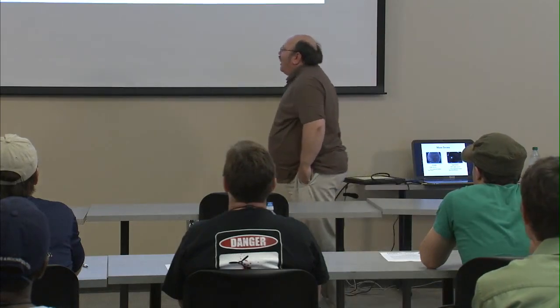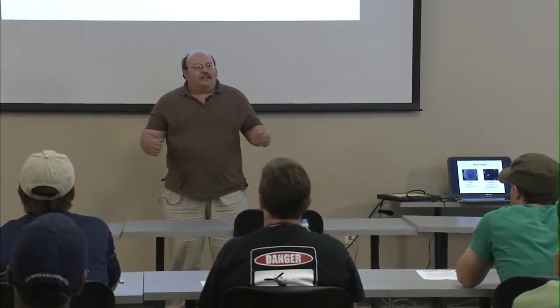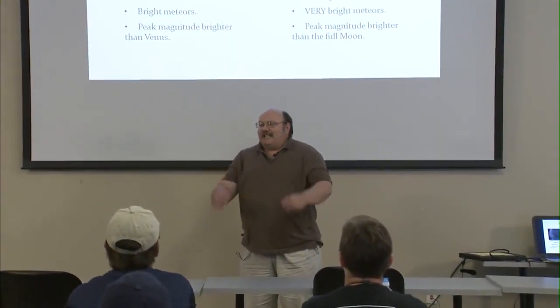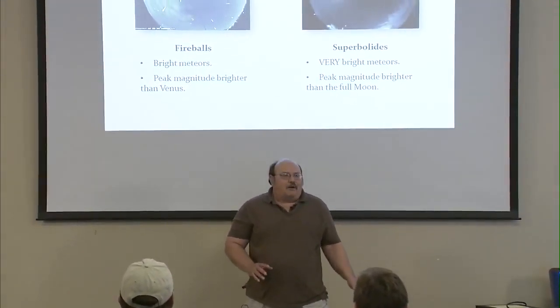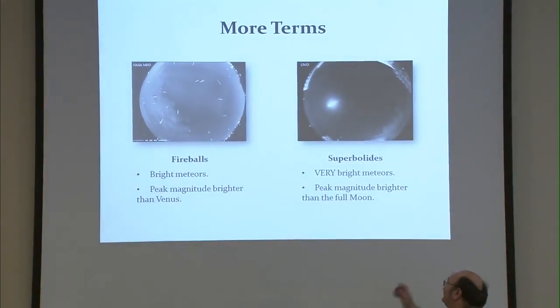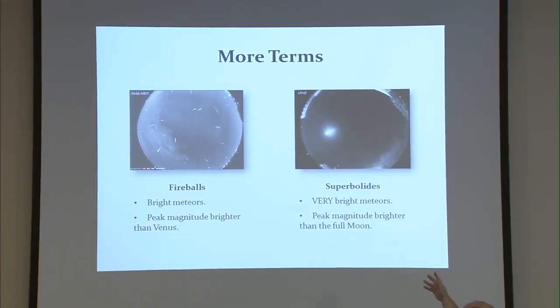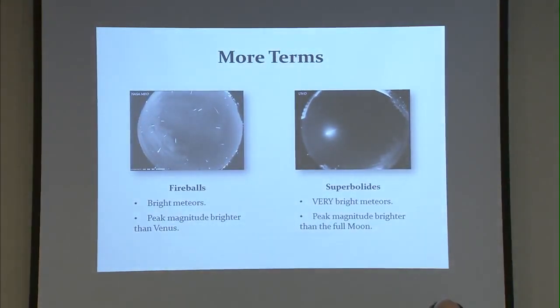Now, when it comes to meteors, there's a thing called a fireball, which is a bright meteor. Technically, a fireball is a meteor brighter than the planet Venus. That's a fireball. And a superbolide is something that's really bright. It will cast shadows on the ground. It's generally brighter than the full moon.